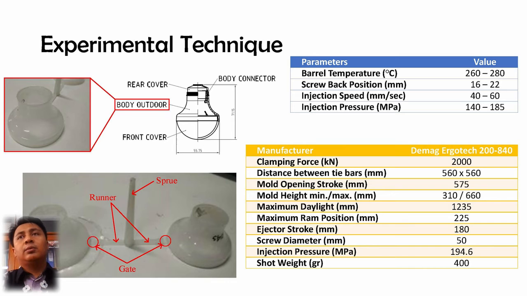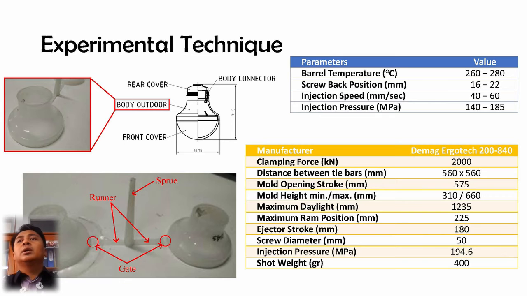It has a clamping force of 2000 kilonewton, a distance between tie bars of 560 by 530, a mold opening stroke, and so on. These are the parameters from the machine manufacturer that we need to define the design engineering of these kinds of plastic parts module.